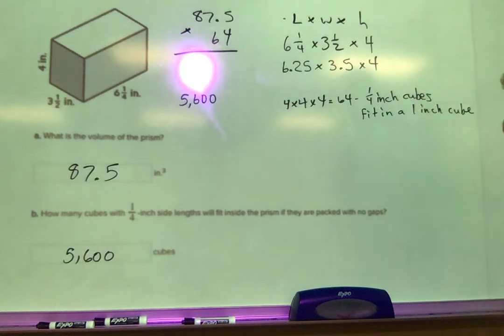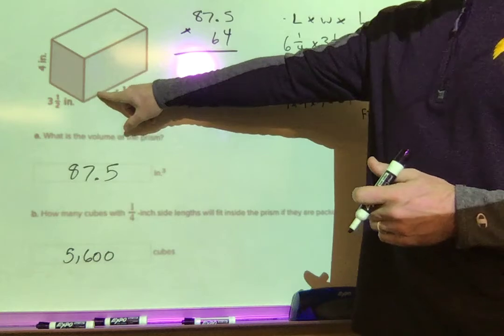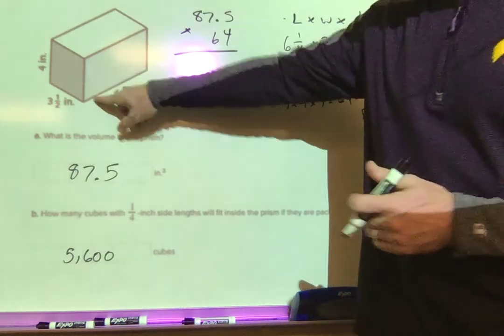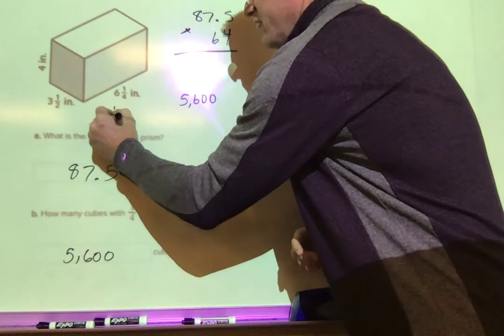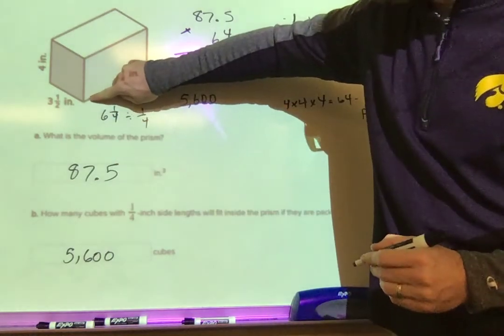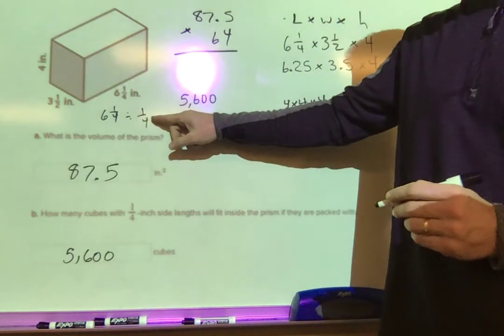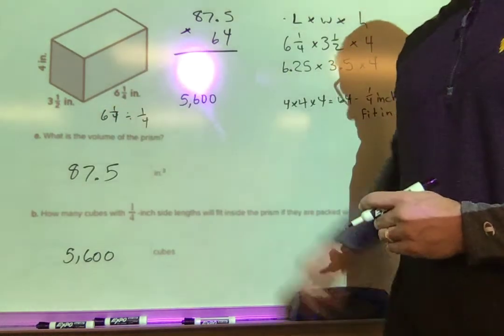Now there's another way we talked about doing it yesterday. I could figure out how many little 1/4 inches fit across here. In other words, I'm taking 6 1/4 and dividing it into groups of 1/4. How many 1/4 go across here? Again, I don't want to draw them all in, but if I understand division, how many 1/4 make 6 1/4?